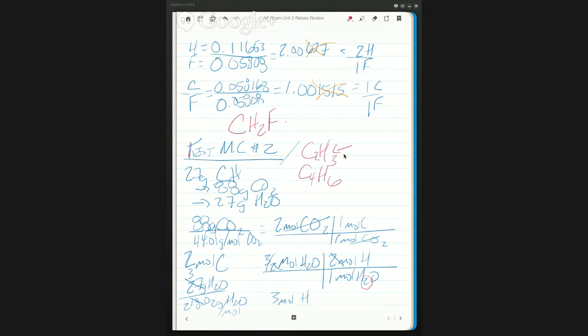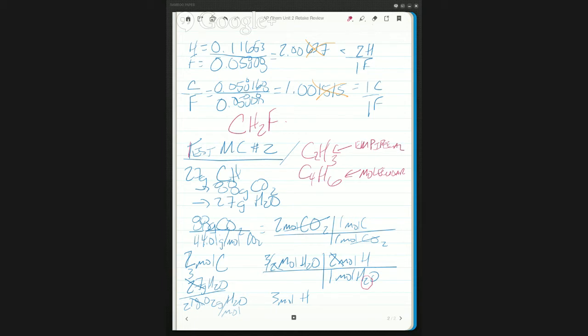This would be the empirical formula. And then this would be the molecular formula. Okay? So, yeah, you can do it that way. And that's how you can solve number 2 of the multiple choice.